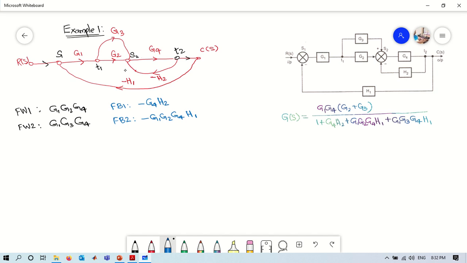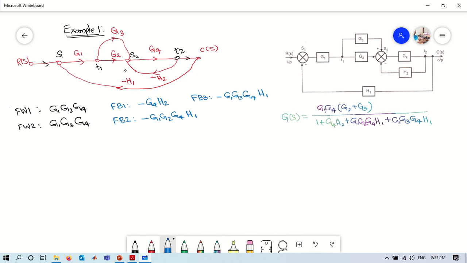And similarly I have one more feedback path, FB3, formed by G1, G3, G4 and H1. Okay. So we identified the forward paths and we identified the feedback paths.